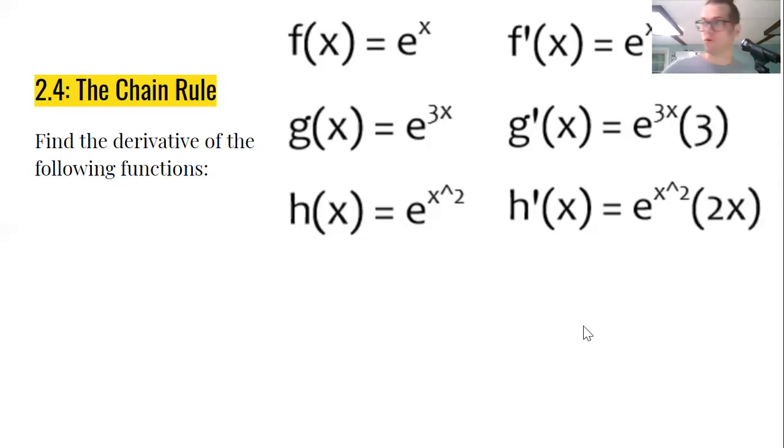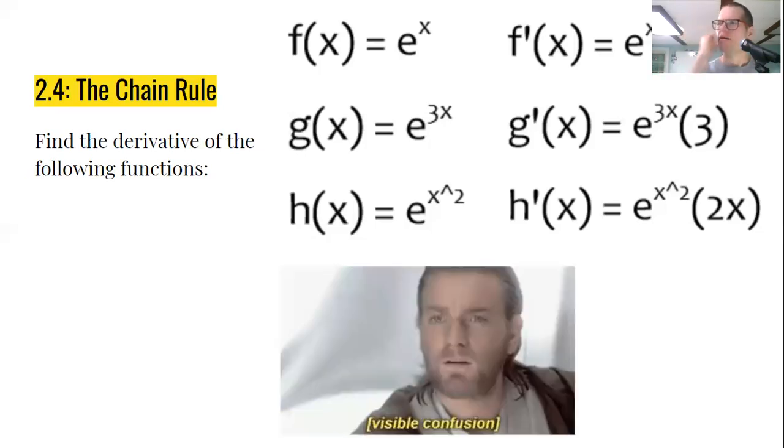There's something. There's more to G prime and H prime than there was to F prime. Where did those numbers come from? I know for sure, for a fact, that F and F prime are 100% correct.